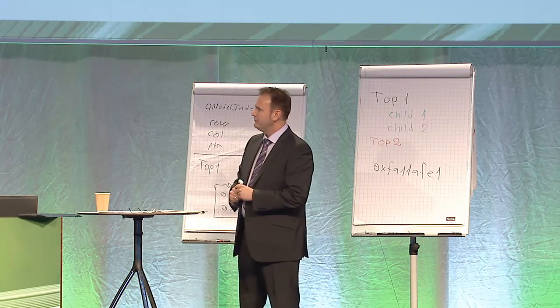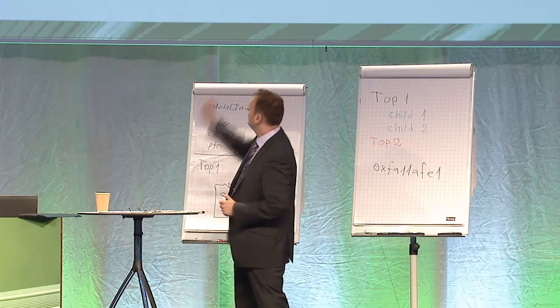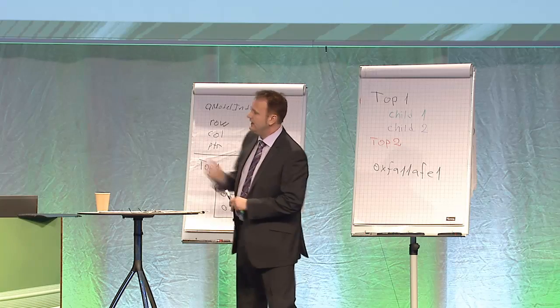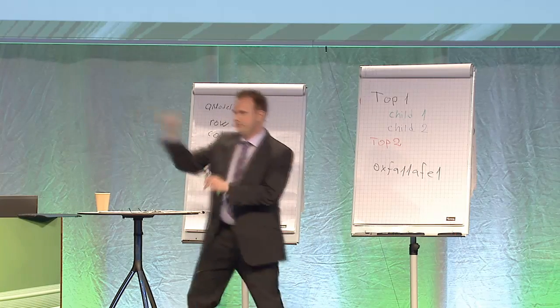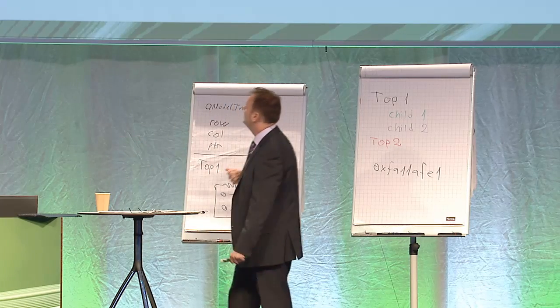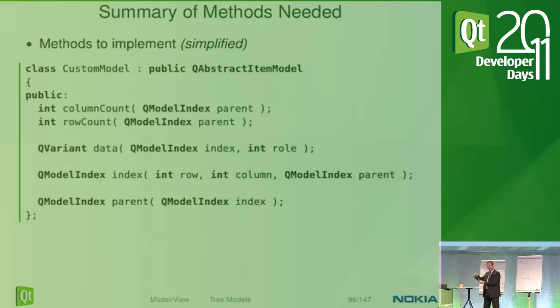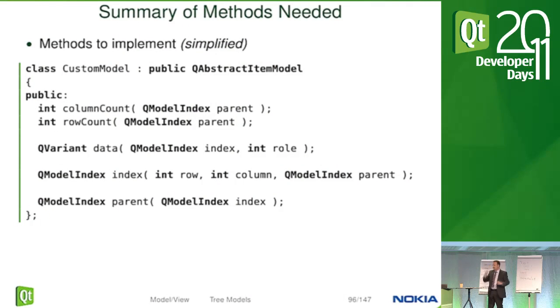And for each of those, our communication token is a QModelIndex. You saw the API up here. Can I get a QModelIndex for this? Can I get data? Can I get row count? Can I get column count? I have a model index. I just want to draw stuff. I need to know the hierarchy when I'm drawing upwards. Can I get the parent? And all these questions are around this QModelIndex.